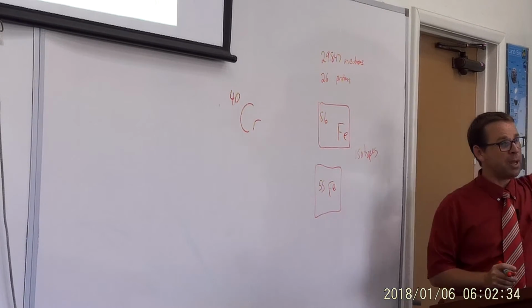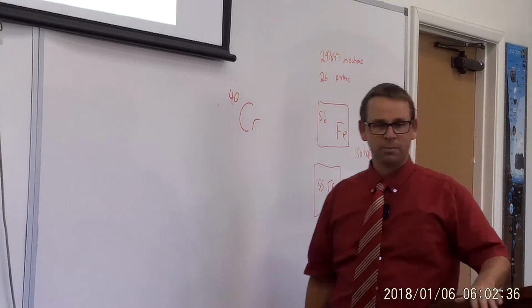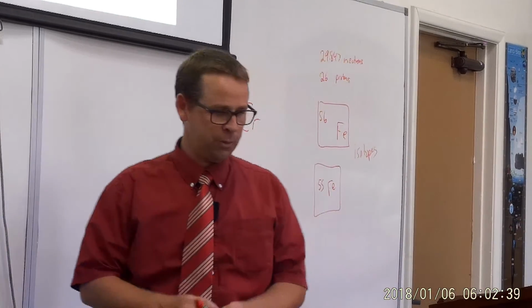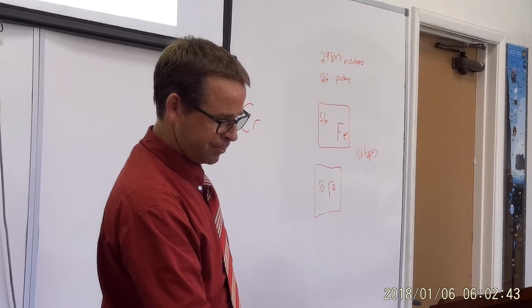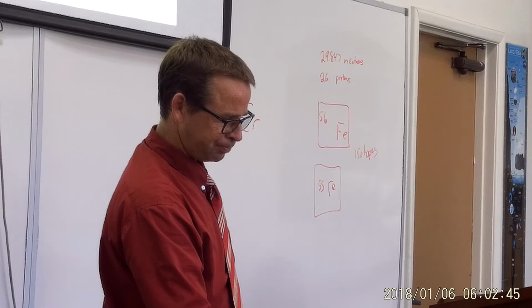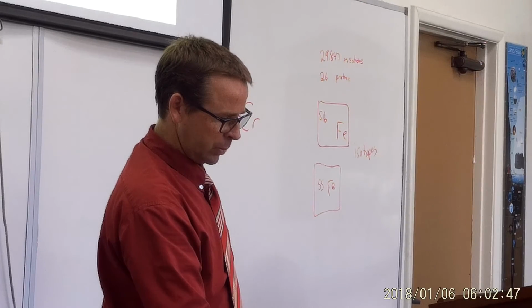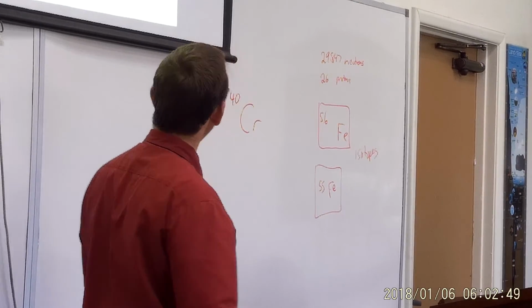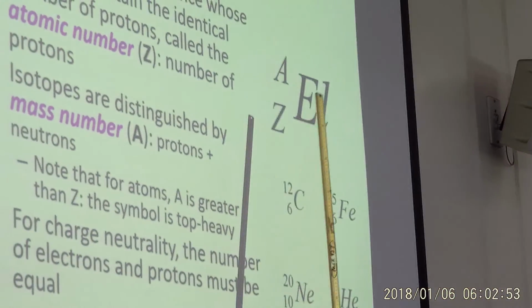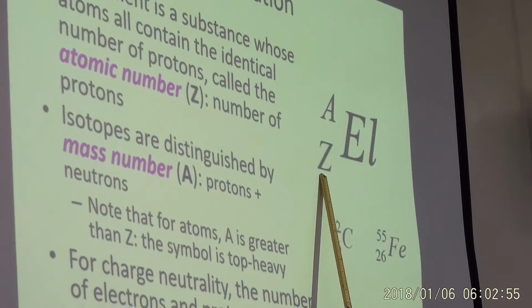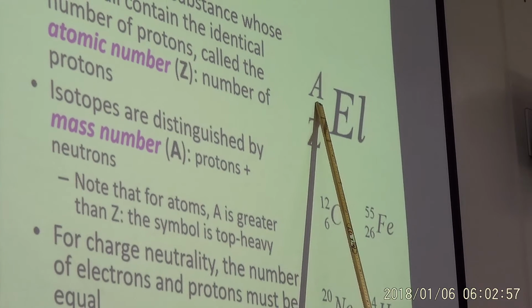So that number up there is the mass of the atom on average. If you were to gather all the isotopes, that would be the average mass. So we have our atomic number here, and we have our mass number there.